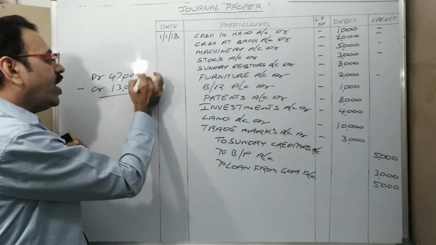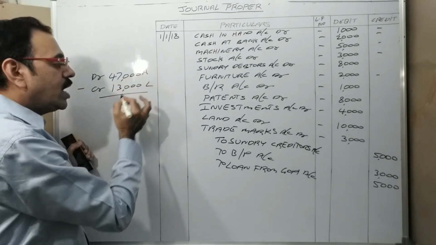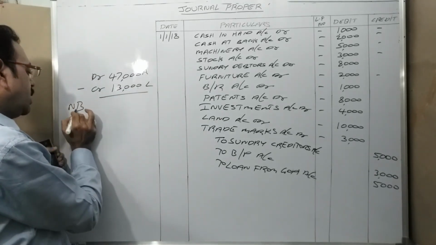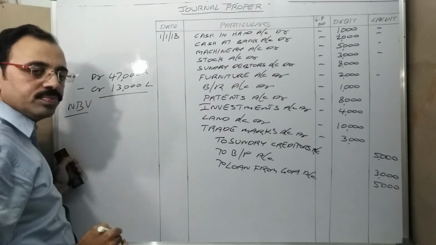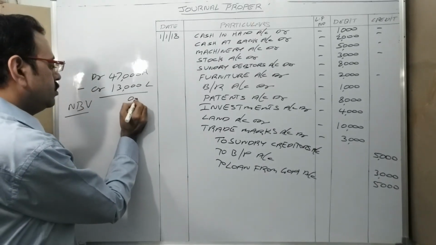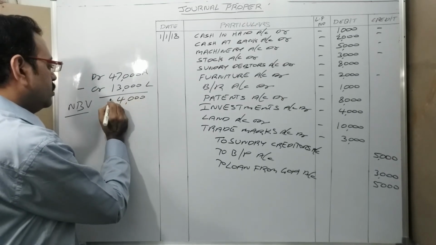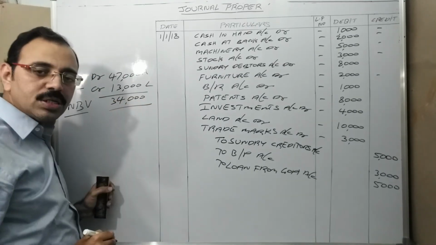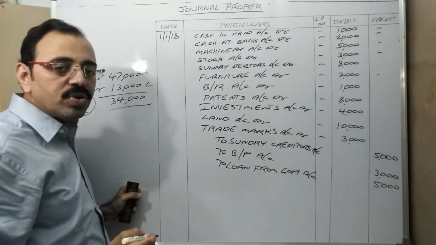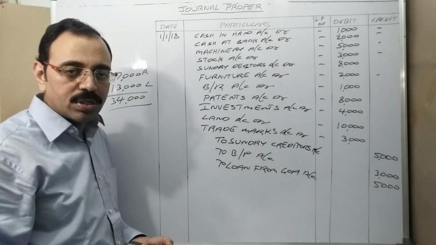The excess of assets over liabilities is known as net business value. How much is it? 34,000 rupees. And this net business value we should transfer to the capital account.